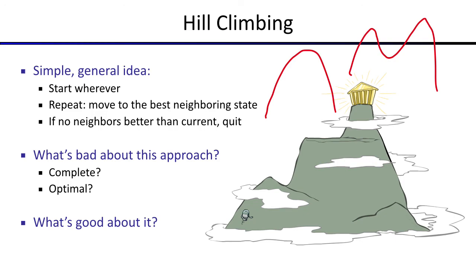So we're not optimal, we're not complete, but it's easy to implement, and it works in a lot of different environments. In a lot of those environments where it doesn't perform optimally, it's still not that much worse than optimal.